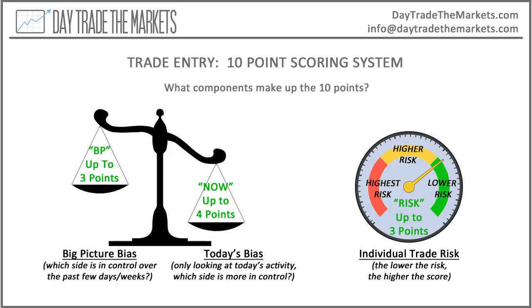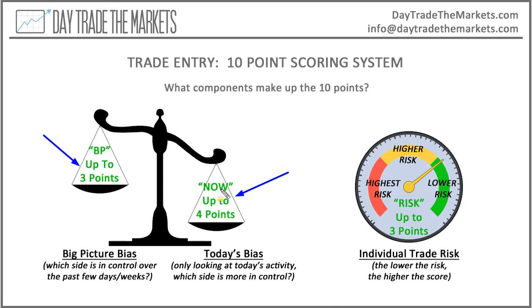In terms of what components make up the 10-point system, there are a few parts. 3 of the 10 points are made up of the big picture bias. 4 of the 10 points are what I call the now, or today's bias. This is our way of judging the opportunity.